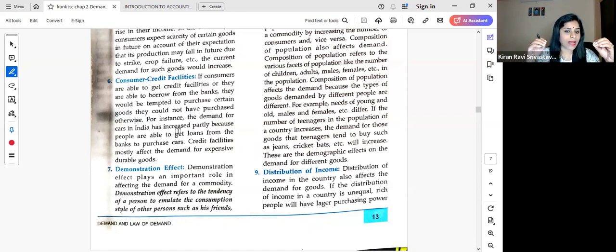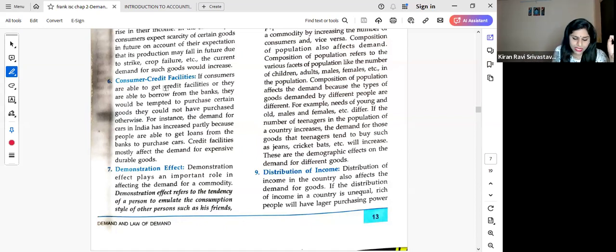This generally happens for very expensive goods, luxury goods like real estate, a house, laptops, mobile phones, where the consumers might not have the money together to pay at once. So they may avail credit facilities, which are generally extended by banks. We have various banking companies who extend these facilities.